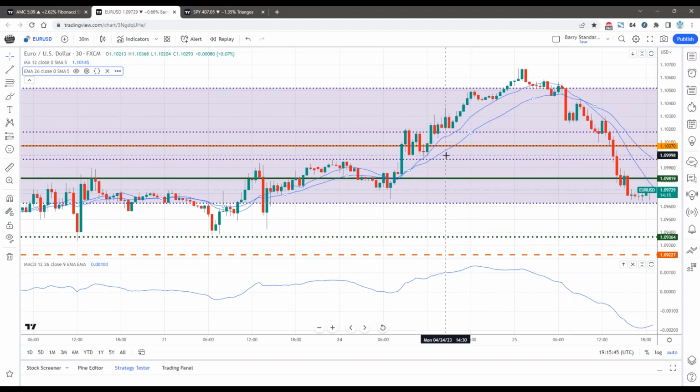The difference of these, where you take the 12-period and subtract from it the 26-period, gives us what's called the MACD line, which is charted down below in the blue. So this line down below is the difference between these two moving averages above. It's based on a center line of 0.